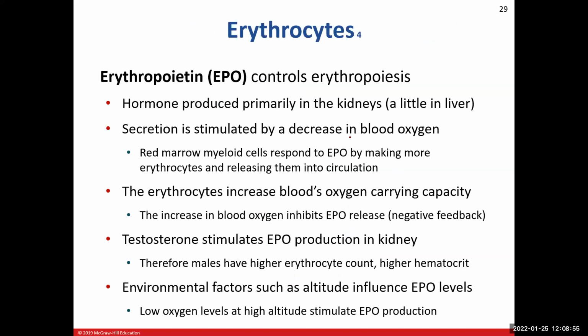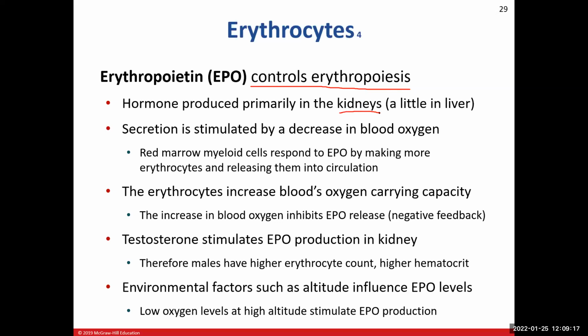Which brings me to, and you guys remember this from chapter 17, erythropoietin, also known as EPO. This is going to stimulate the process of erythropoiesis. As you recall, the kidneys will predominantly produce the erythropoietin.